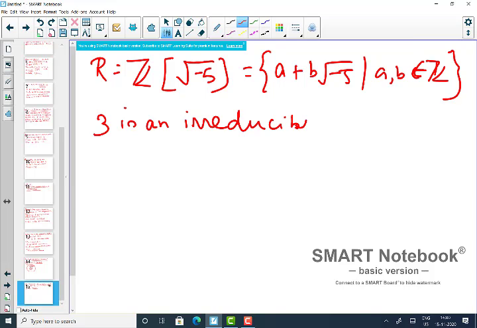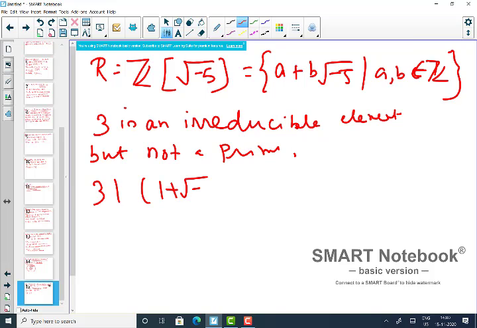Irreducible element, but not a prime. Why is it not a prime? Now you see that 3 divides the element (1 plus root minus 5) times (1 minus root minus 5). Why? Because this is nothing but 6, right?